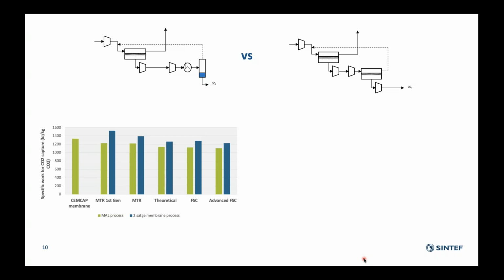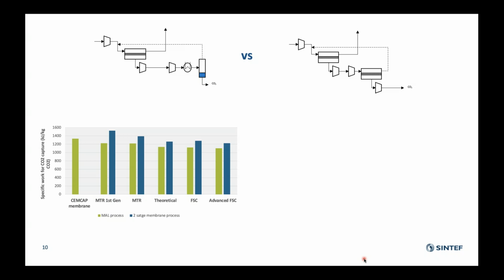And the two-stage membrane process requires higher work than that of the membrane-assisted liquefaction process. A point to note here is that it is not just for these membranes that are considered, but it will always be the case. The two-stage membrane process will always require higher work than the membrane-assisted liquefaction process.